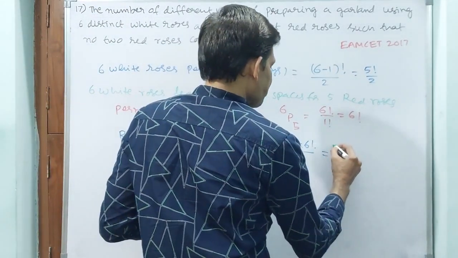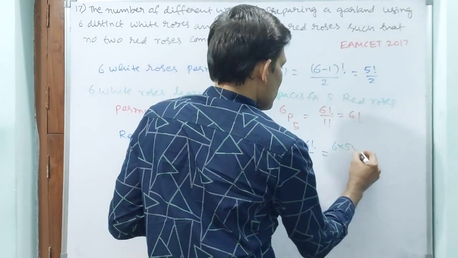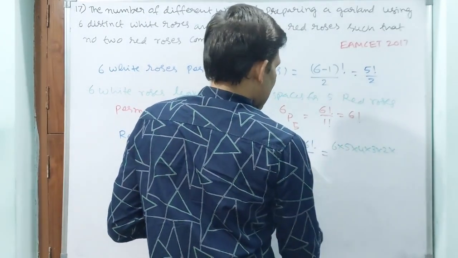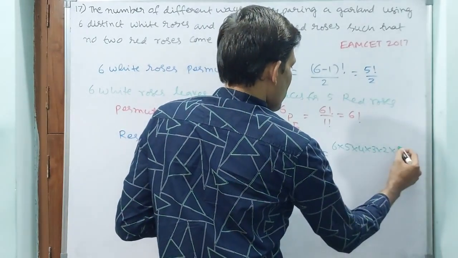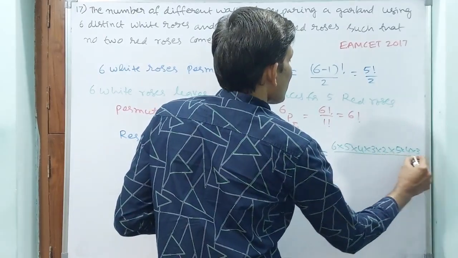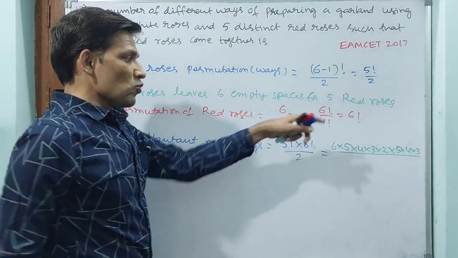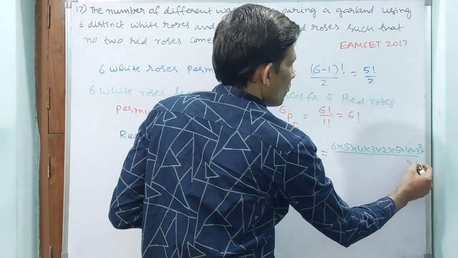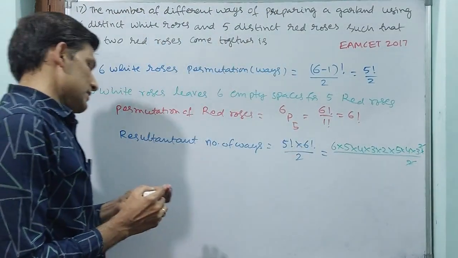Let me write 6 into 5 into 4 into 3 into 2, and 5 into 4 into 3. The 2 got cancelled.